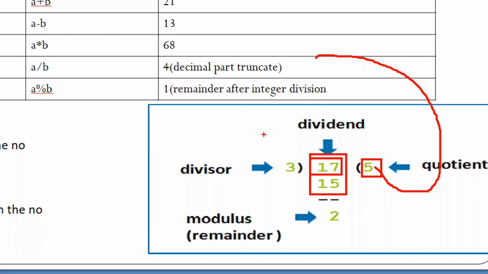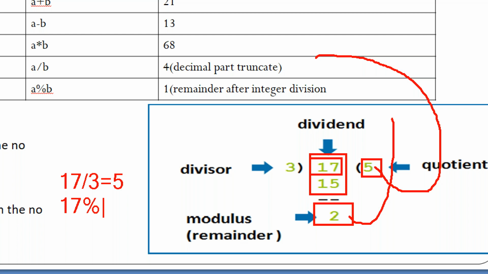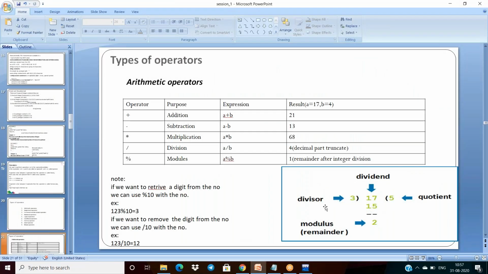And if you write 17 percentage 3, you will get a remainder of 2. 17 divided by 3 gives the quotient, which is 5, and 17 percentage 3 gives the remainder, which is 2. So modulus will give the remainder, and division will give the quotient.